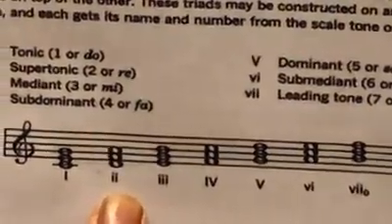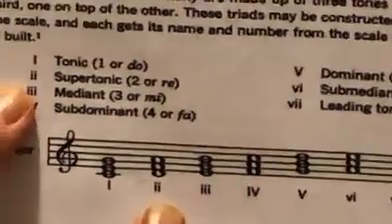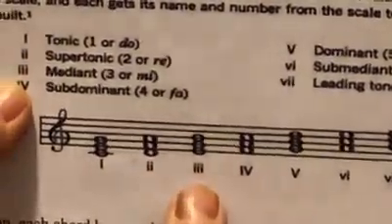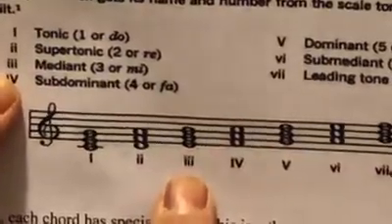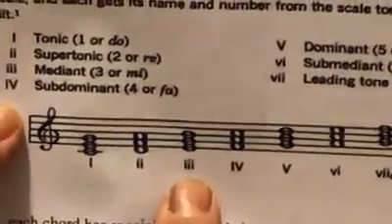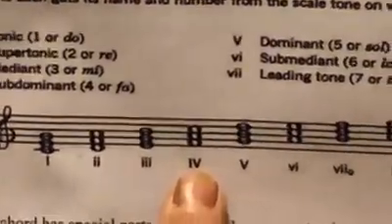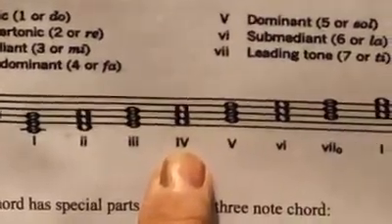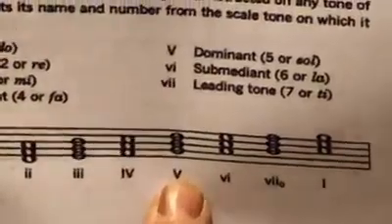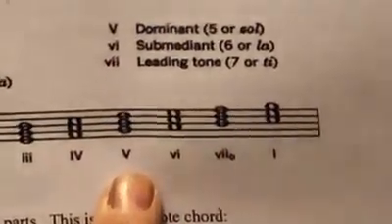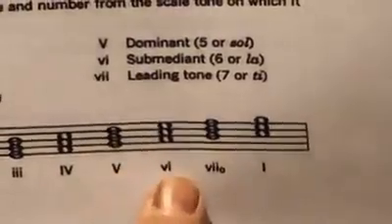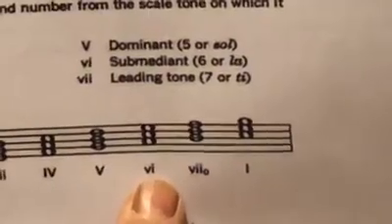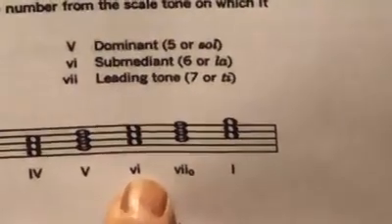Number 2, small case, supertonic, number 2 of the scale, or re. Number 3, the small letters, mediant, number 3 of the scale, or mi. Number 4, capital letters, subdominant, number 4 of the scale, or fa. Dominant, number 5, the 5 of the scale, or sol, capital letter. Small case letter, number 6, submediant, the 6th of the scale, or la.